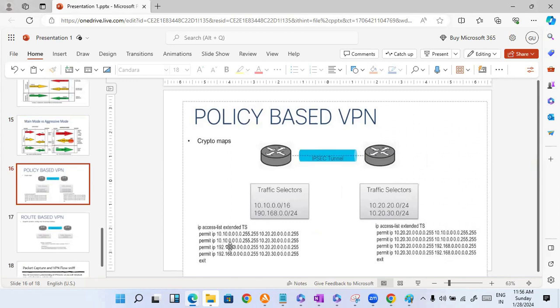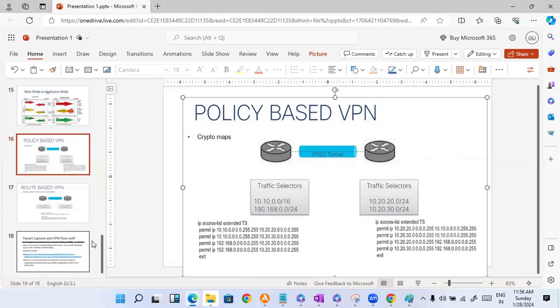In that case, a policy has to be there on both ends to maintain the same level of access, and the policy must permit the traffic throughout a transaction. So if VPN traffic forwarding is based on policy, we call it a policy based VPN.